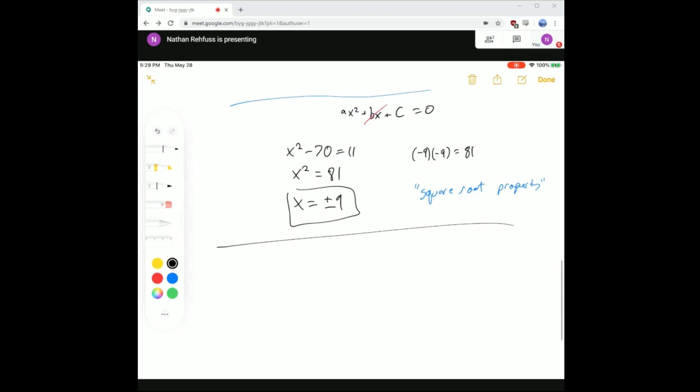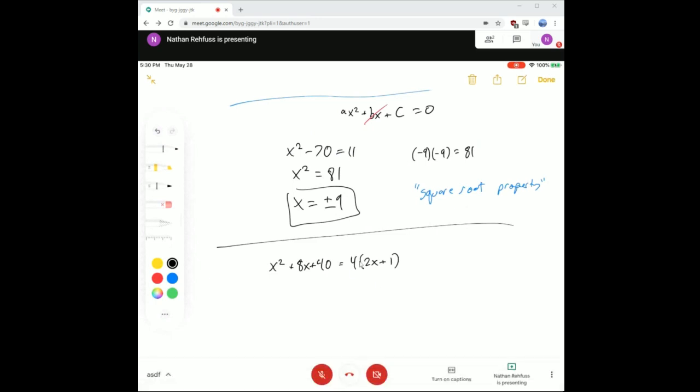Here's a more complicated example. x squared plus 8x plus 40 equals 4 times (2x plus 1). Not knowing anything going into this problem, my goal is going to be to try to get one side equal to 0. So I'm going to try to simplify the right-hand side. I'll distribute the 4.